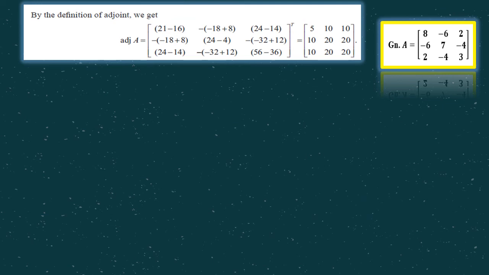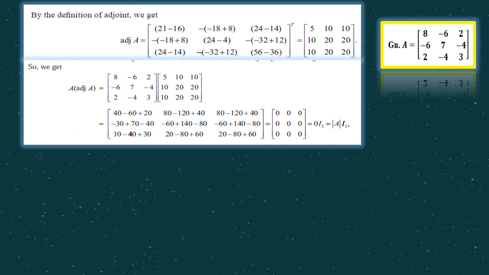Now keep the matrix A in mind. So you know how to find Adj A. See, what is the cofactor of 8? That is minus 1 power 1 plus 1, that is plus, into its minor, 7 into 3, 21 minus 16. Similarly, for each place value, minus 1 power i plus j into its minor.